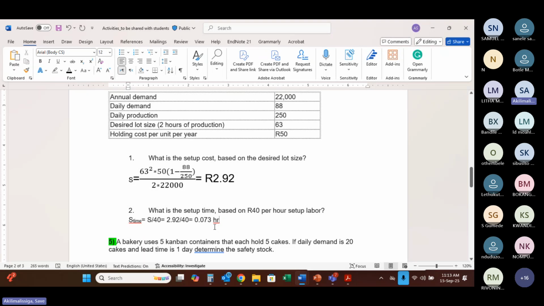Let's say they say you must provide your answer in hour, and take 2 decimal places, for instance. Then it's 0.07. Or if they say take 3 decimal places, obviously that is going to be 0.073, right?